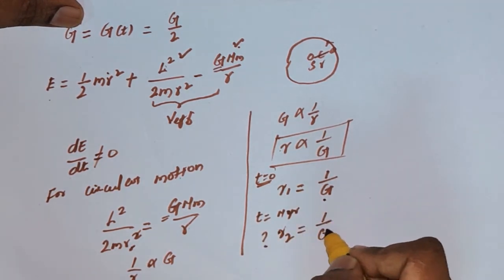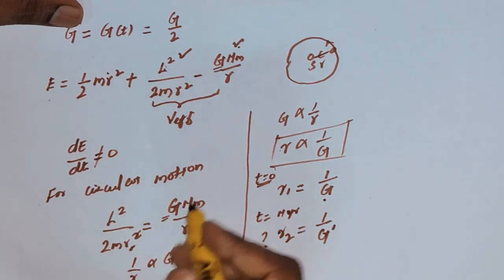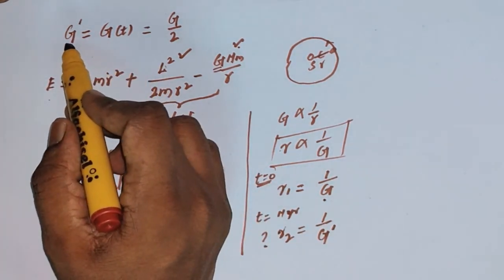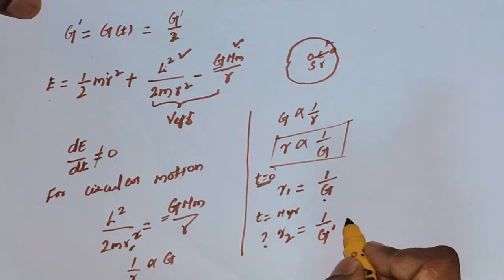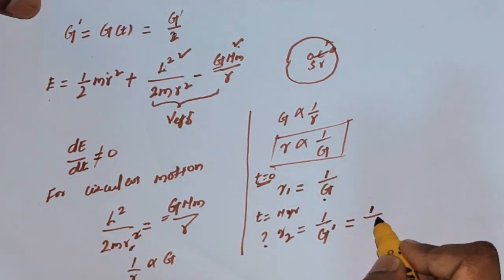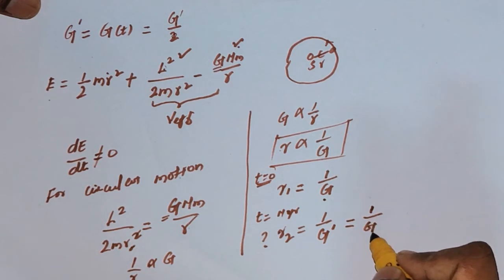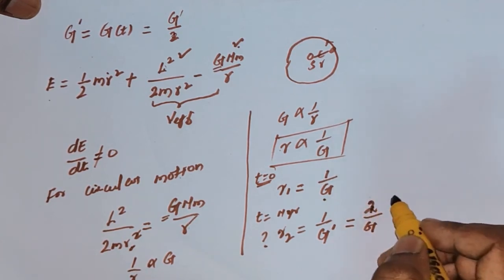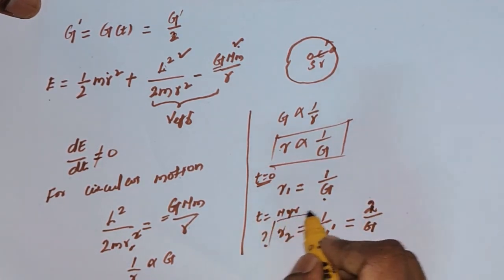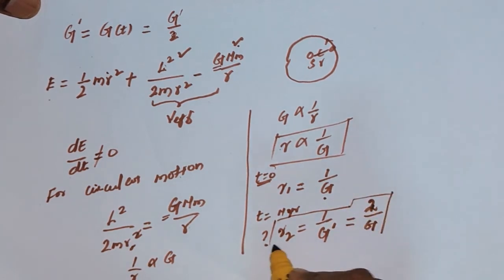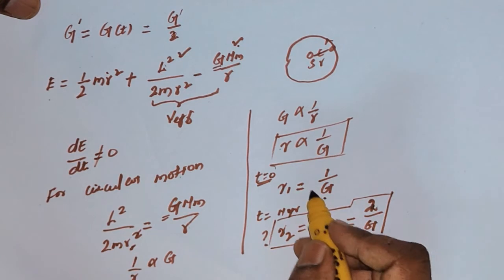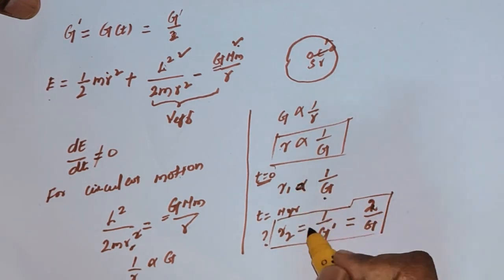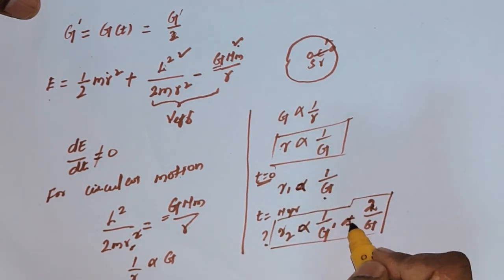The new gravitational constant is G prime, which we already said is G by 2 after a million years. Substituting, it gives 1 by G by 2, or inverting, 2 by G. Actually we should not put equal, it is proportional.